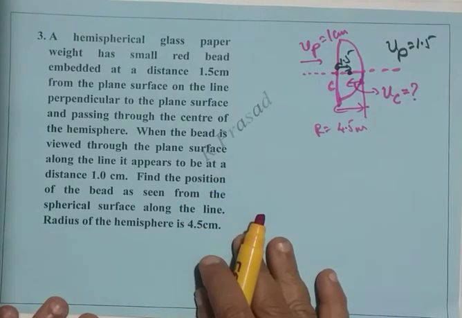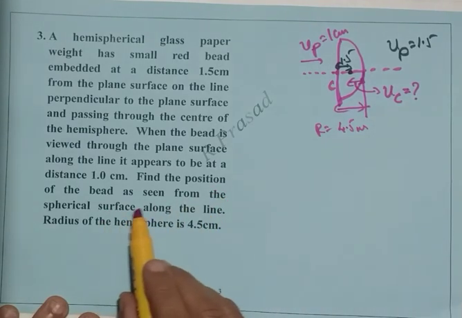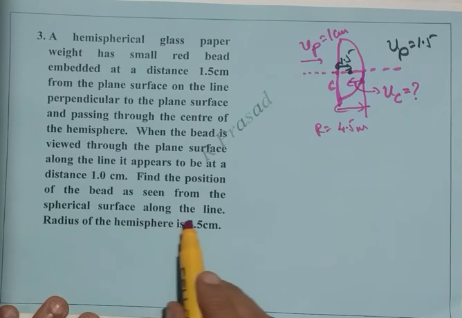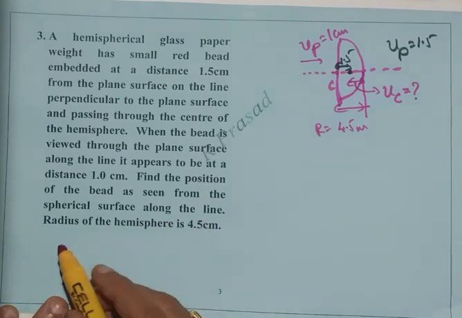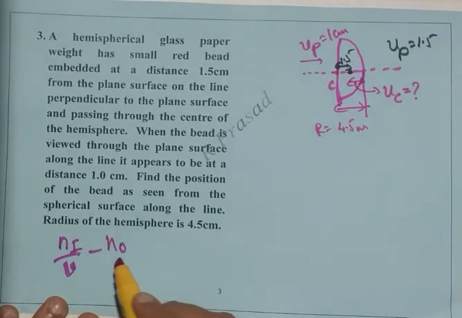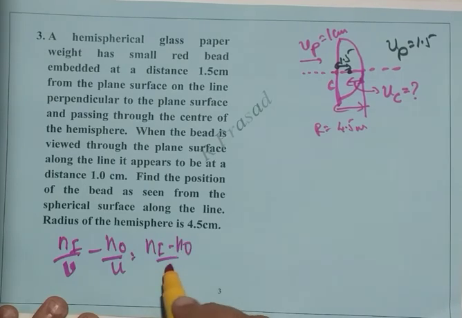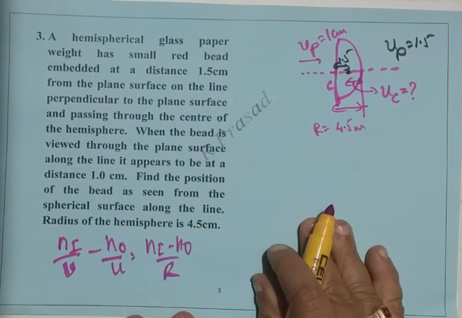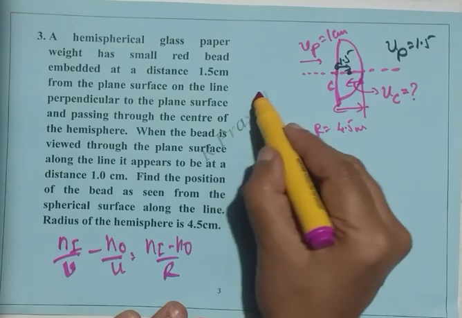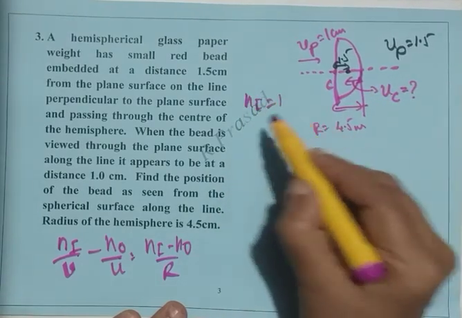First of all, the formula, find the position of the bead as seen from the spherical surface along the line. The formula for this again, Ni by V minus No by U is Ni minus No by R. But here observe, we write Ni is 1, the image space.